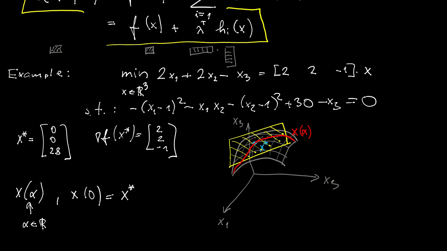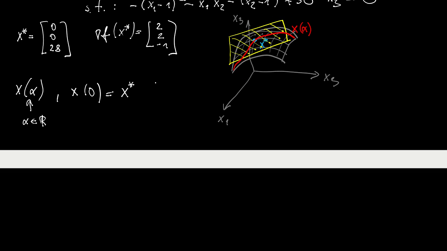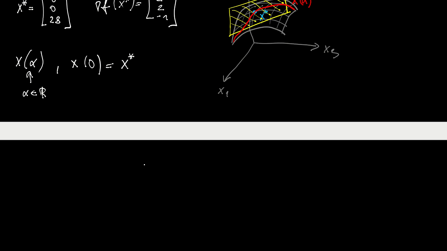Now, along the same line of reasoning that I applied in the unconstrained case, I will calculate the derivative of f when evaluated over this curve.